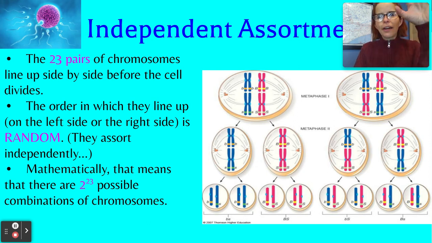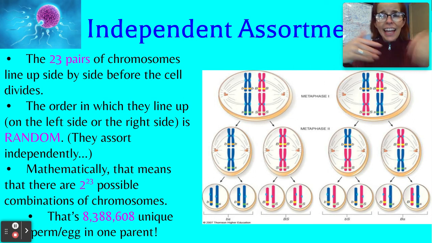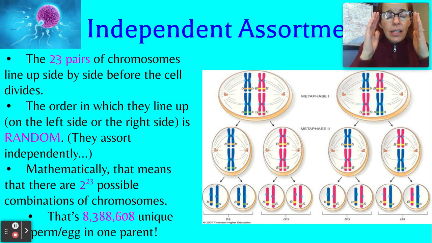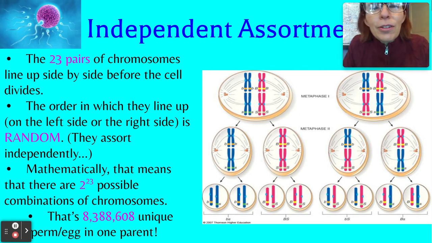All we're doing is looking at a whole chromosome and whether it goes to the right cell or the left cell. So that's more than 8 million possible genetic combinations in any given human sperm or human egg. You bring them together, an egg and a sperm, and it's something like, I don't remember off the top of my head, like 70 trillion combinations in one baby. Maybe it's 70 billion. I don't remember. You guys can do the math.